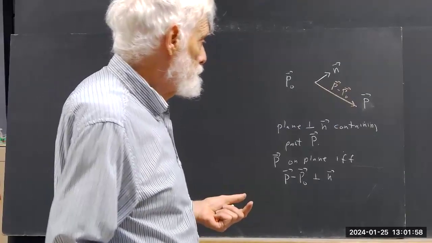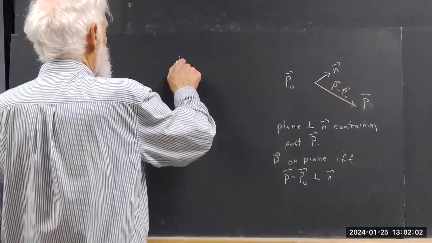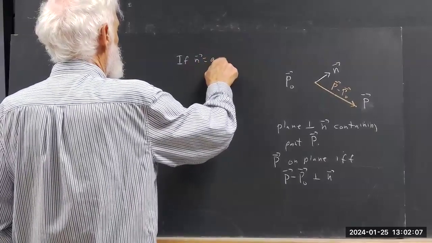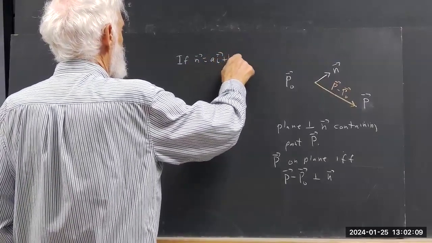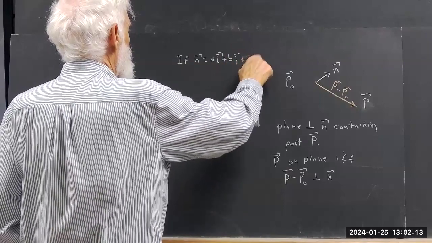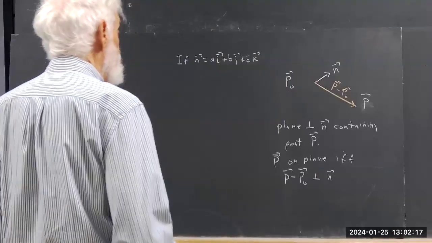Okay, so the normal vector is Ai plus Bj plus Ck.